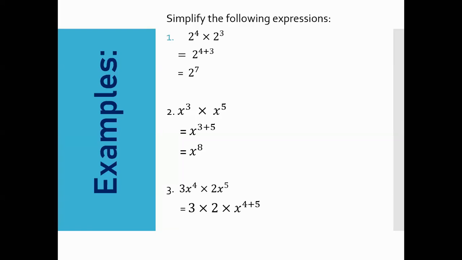However, because we're simplifying, we can just go ahead and multiply them. So it'll be 3 times 2 times x, and the x's have the same base, so I can add their exponents. So my final answer is going to be 6x to the power of 9.